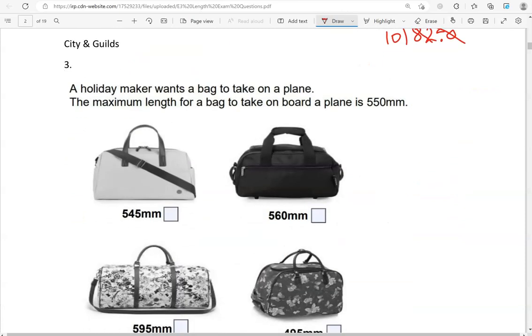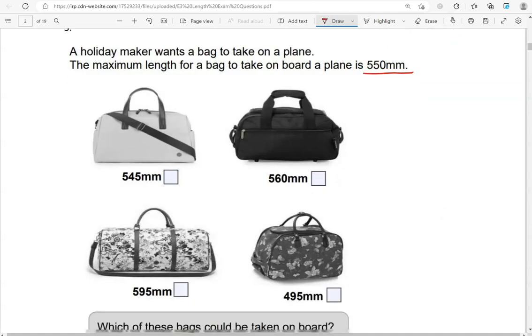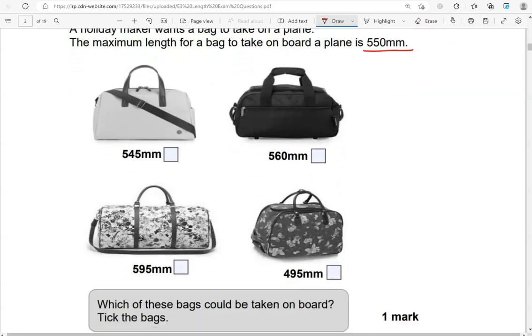A holiday maker wants a bag to take on a plane. The maximum length for a bag to take on board a plane is 550 millimeters. Which of these bags could be taken on board? Tick the bags. So we're looking for bags that are shorter than 550 millimeters. We've got 545 millimeters. That is below 550.